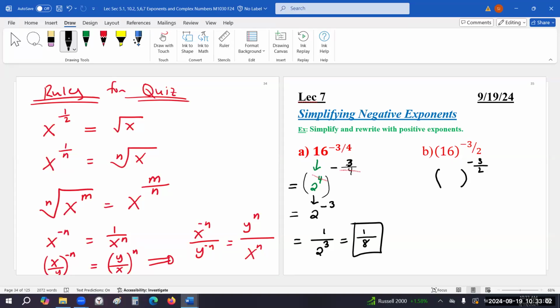Square, because we have a 2 on the denominator. So what squared is 16? 4. So 16 is 4 squared. The two powers cancel out. We get 4 with the -3.